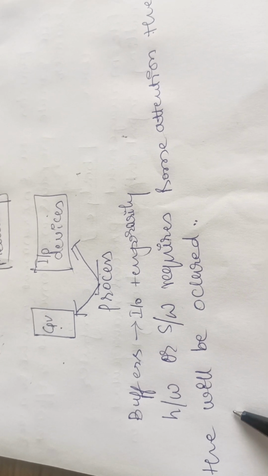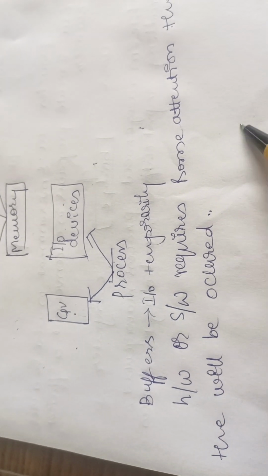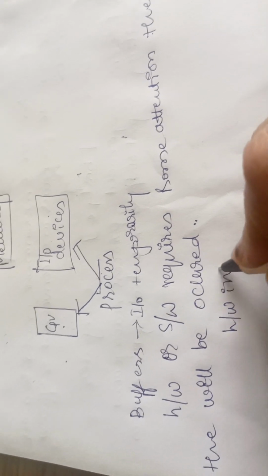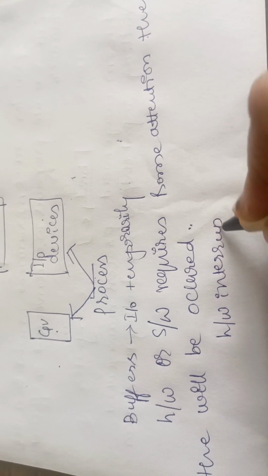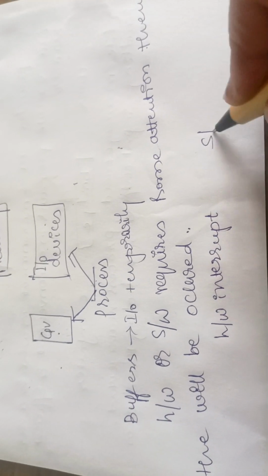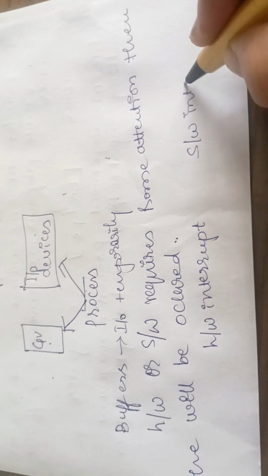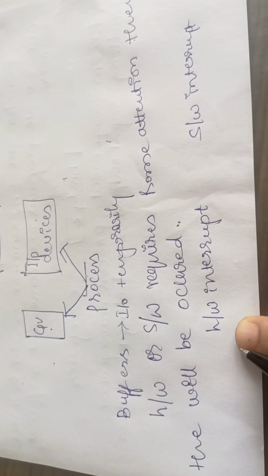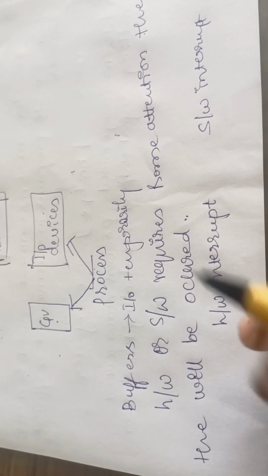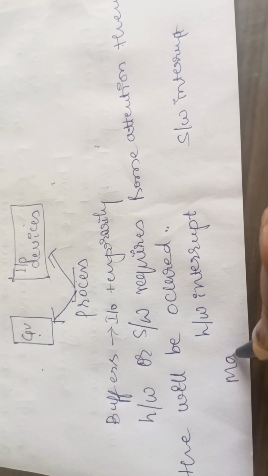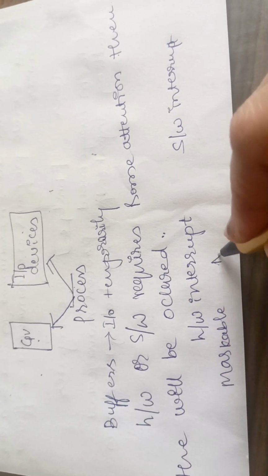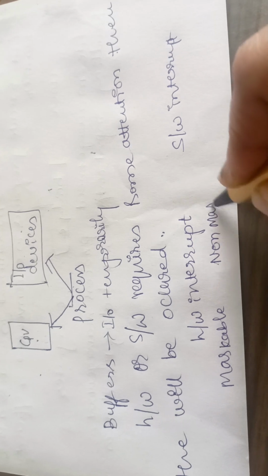Next, here there are two types of interrupts: hardware interrupt and software interrupt. And again, in the hardware interrupt, there are two types: maskable and non-maskable.